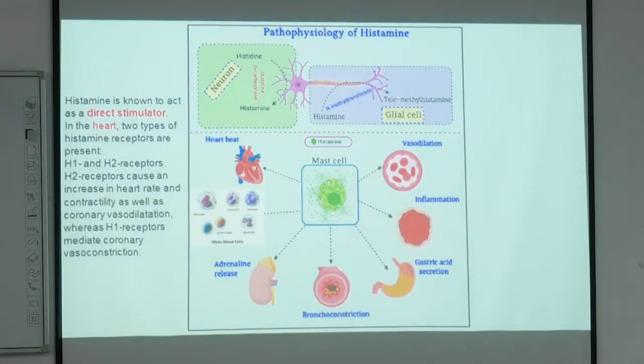So on decarboxylation of histidine, we get histamine. And histamine has several roles in our body. One is vasodilation, then inflammation. Can anyone tell me what is inflammation or any idea about inflammation?